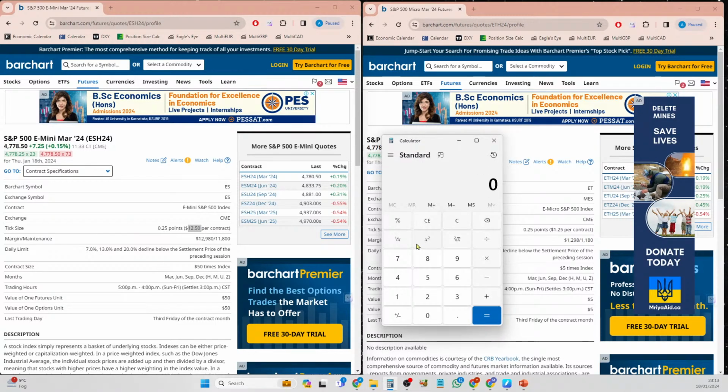For one point, you will be making four ticks. So $12.5 times four ticks will be $50. That's the contract size. So when you are trading one single e-mini contract and you make a profit of 1 point, that means you have made $50.